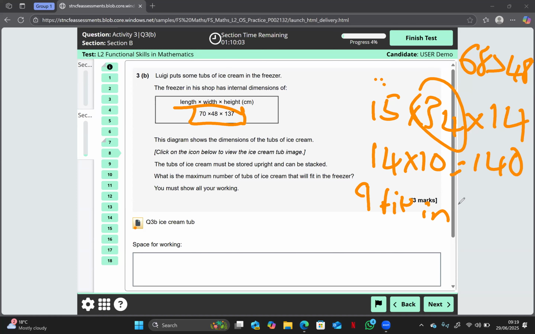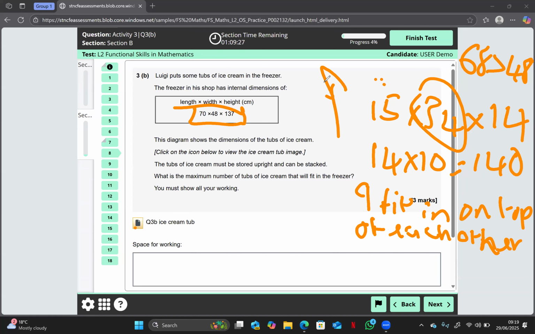And in terms of length, the length of it is actually quite big. So 9 can fit in on top of each other. And then the length means there can be how many rows going this way?